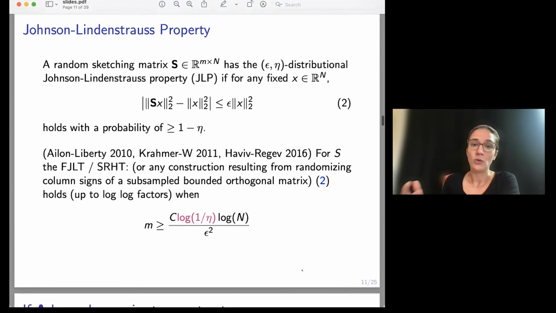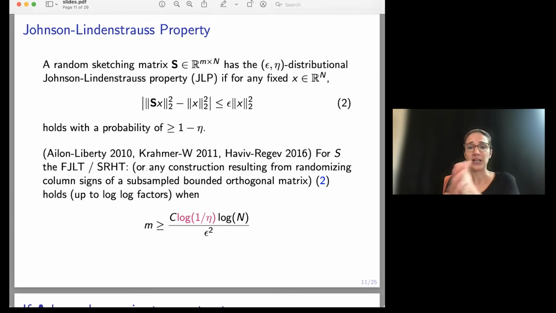Okay, so the crucial question is how small can we make M? How short and fat can we make the sketching matrix S in order to have this property? In particular, when S is the fast Johnson-Lindenstrauss transform or subsampled random Hadamard transform.